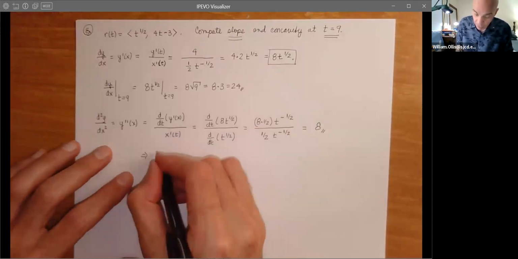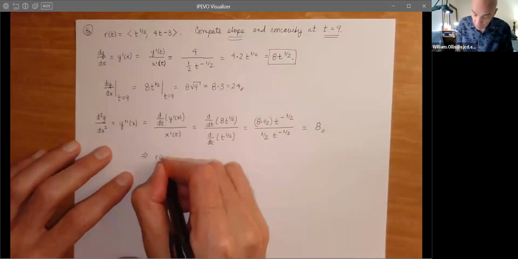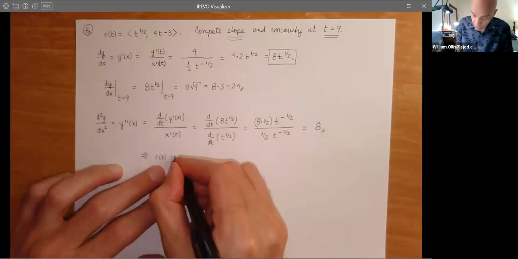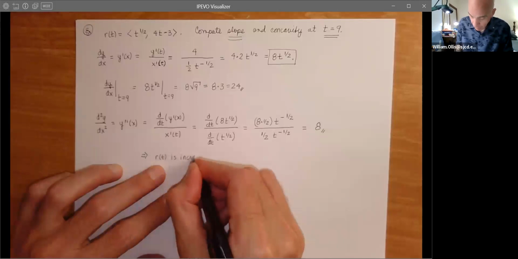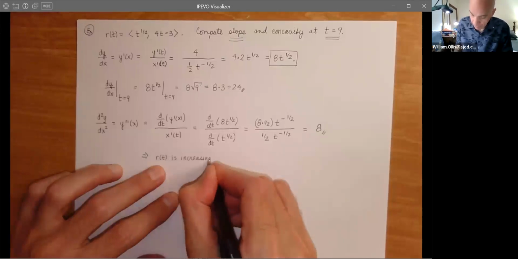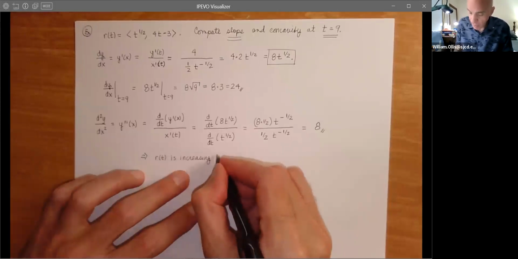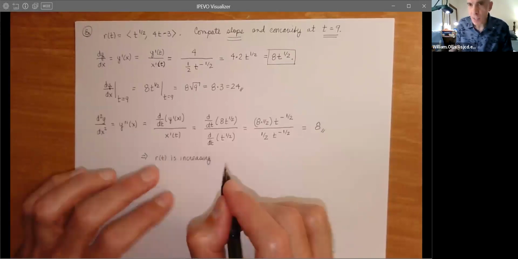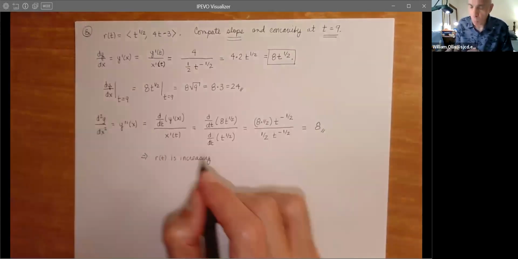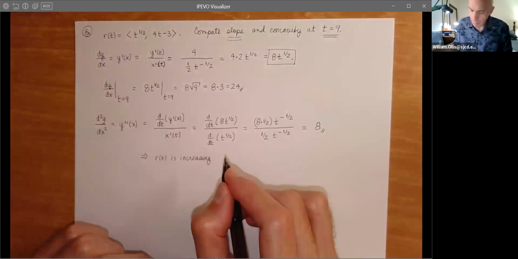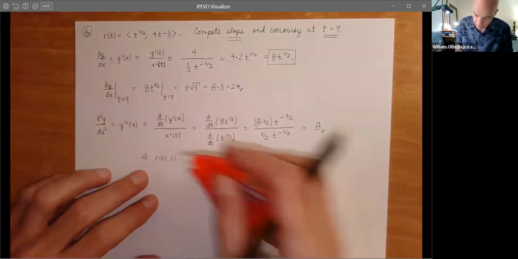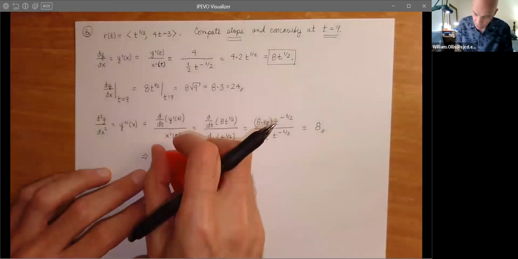We'll say R of t is increasing. We don't usually say increasing at a point, but let me state it this way, so it actually makes more sense.